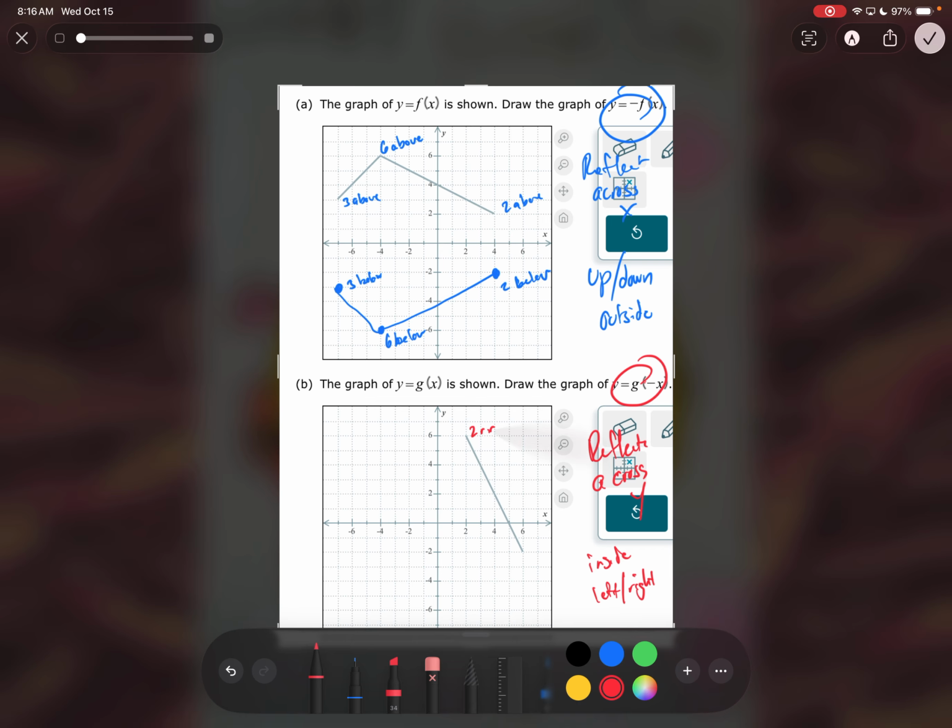This one's 2 to the right, so I go 2 to the left. I guess the only other point I have right here is this one. This one is 6 to the right, so I go 6 to the left. So if the negative is on the inside, it flips it left and right. If the negative's on the outside, it flips it up and down.